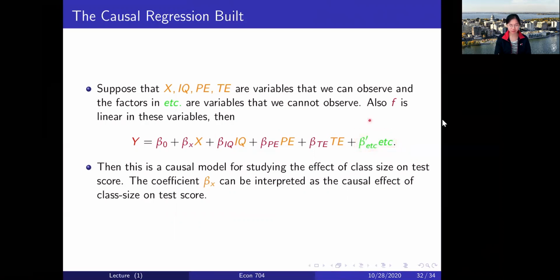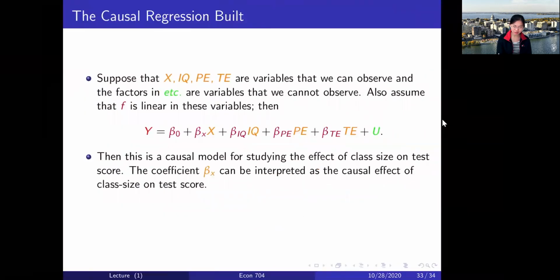Therefore, we can use a random variable u to represent this unobserved part. So we write the model as y equals this linear function of the observables plus u, which now represents all the other factors, all the factors that are unobserved or observed, but you choose not to include in this equation.